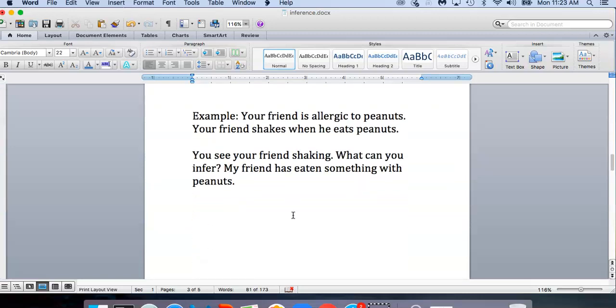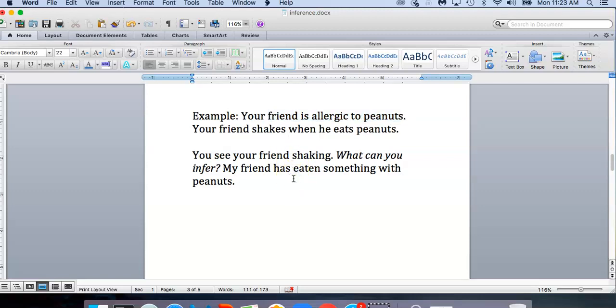Let's look at the second example. Your friend is allergic to peanuts. Your friend shakes when he eats peanuts. You see your friend shaking. What can you infer? In this case, you can infer my friend has eaten something with peanuts, because remember, when your friend shakes, that means your friend has eaten something that has peanuts, because your friend is allergic to peanuts.